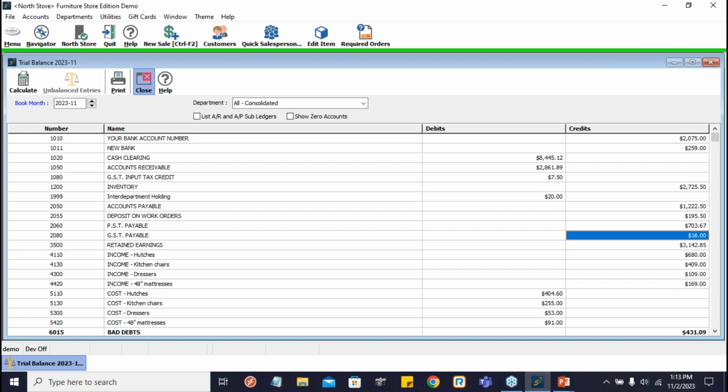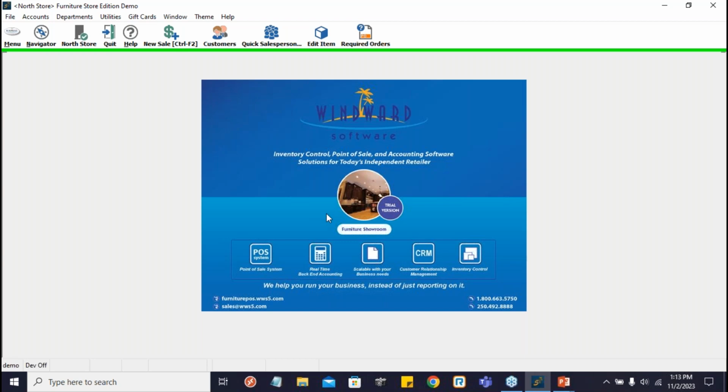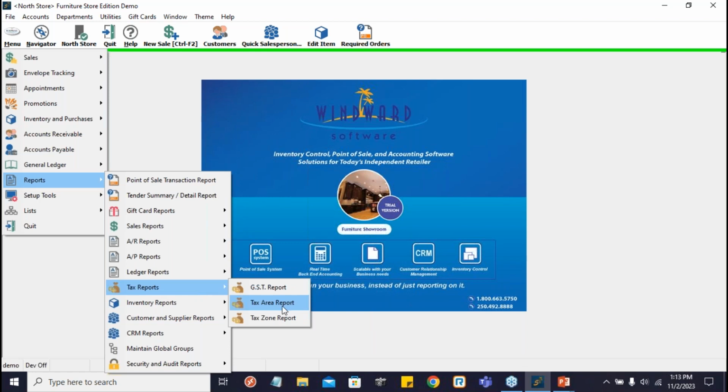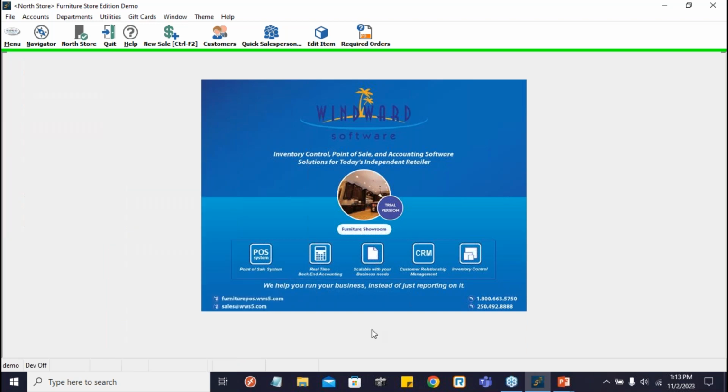We can actually run a tax report to show how much we need to pay, and you can run either the tax area report or the tax zone report. You can set it by month or by date range.